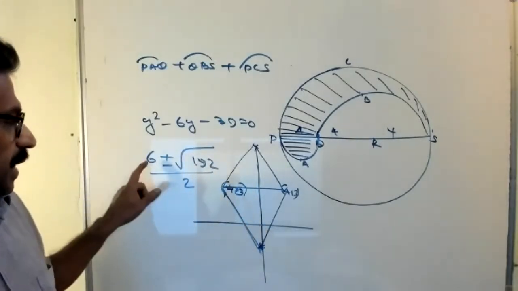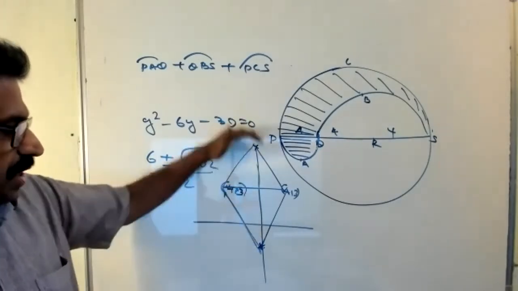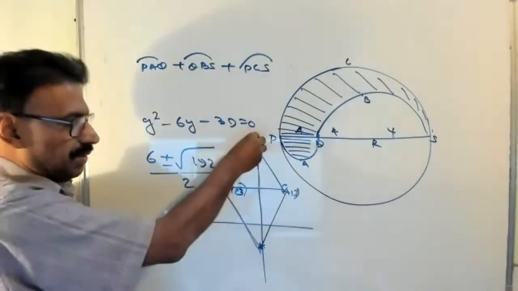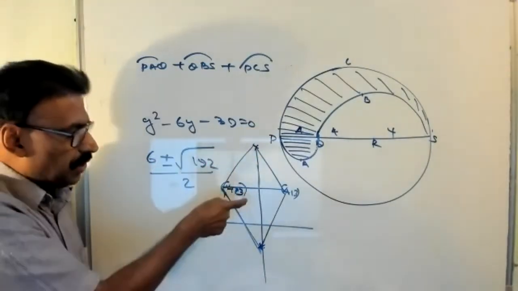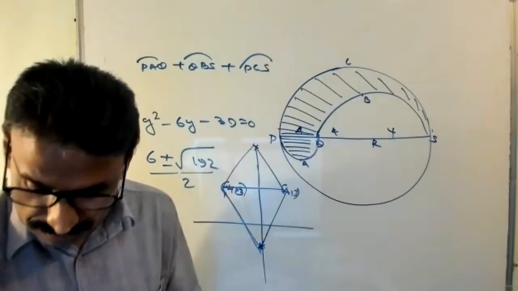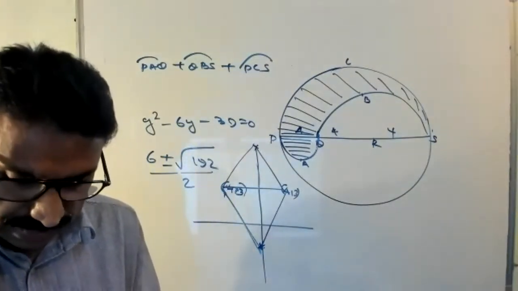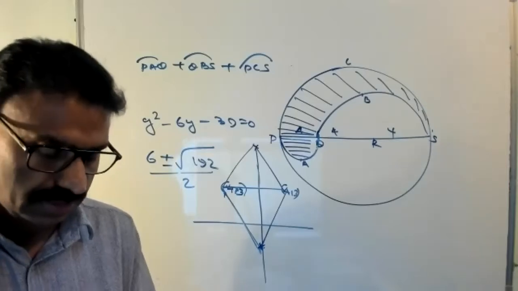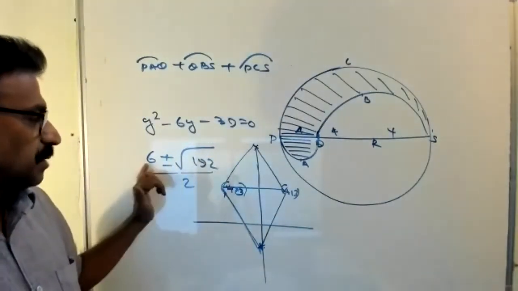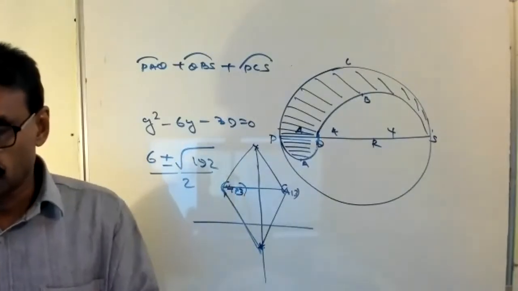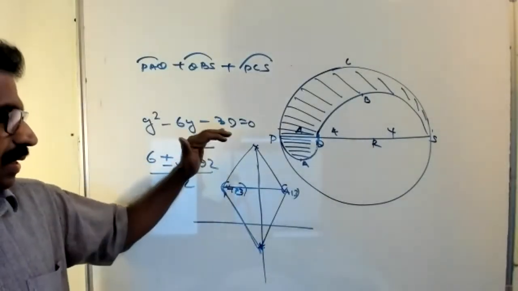Look here, if it is 6 plus root of 192, it's positive. Root of 192 is almost 13 point something. 6 plus 13, that is a positive value, 19 by 2.